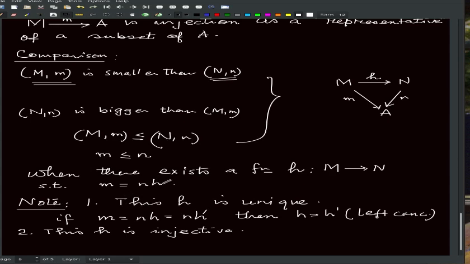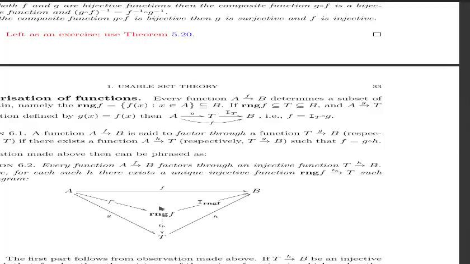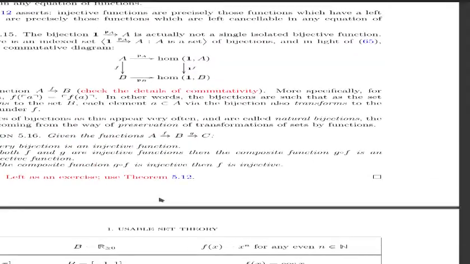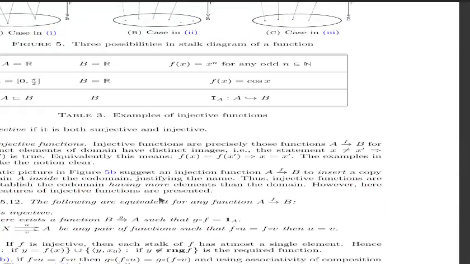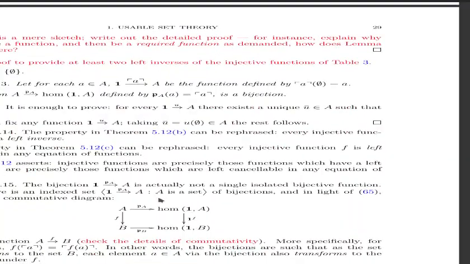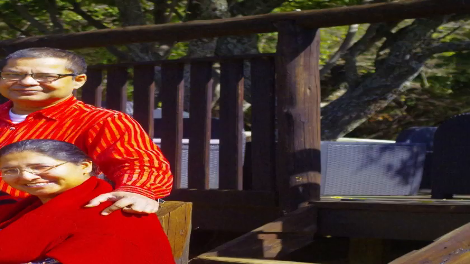So remember, recall, or let me refer to that proposition which was there, I think somewhere here. This is 5.12, I think, yes, 5.16c.